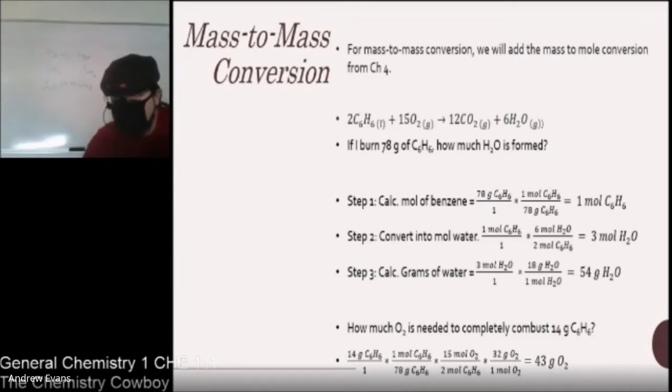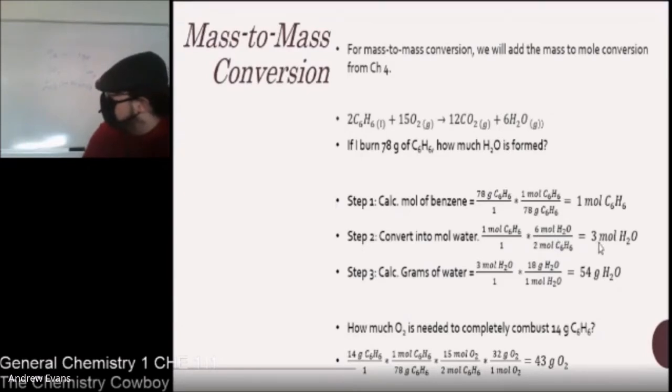The next step, I'm going to use the balanced chemical equation to figure out how many moles of water I form. So 1 mole of benzene, we divide by 2. We divide by 2. And moles of benzene, to cancel the benzene, times 6 moles of water to give us the moles of water.